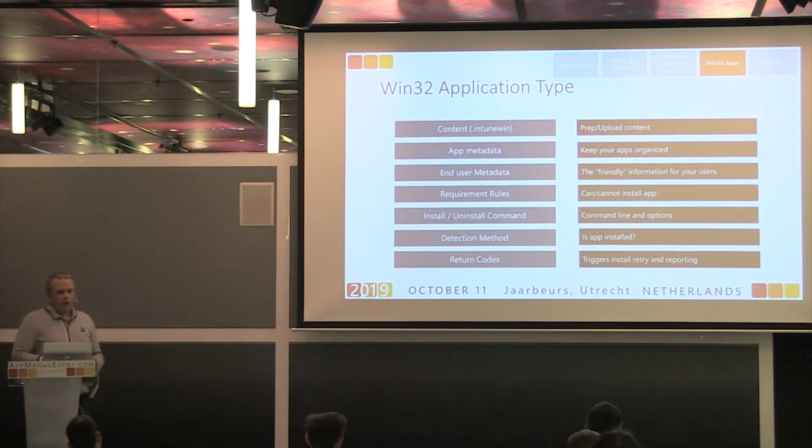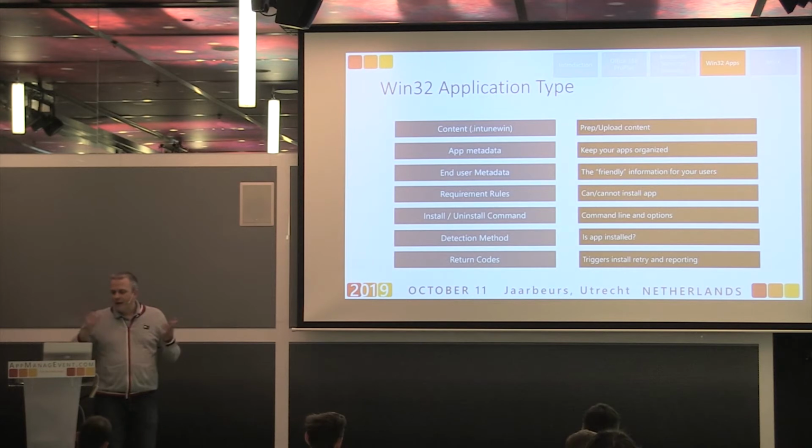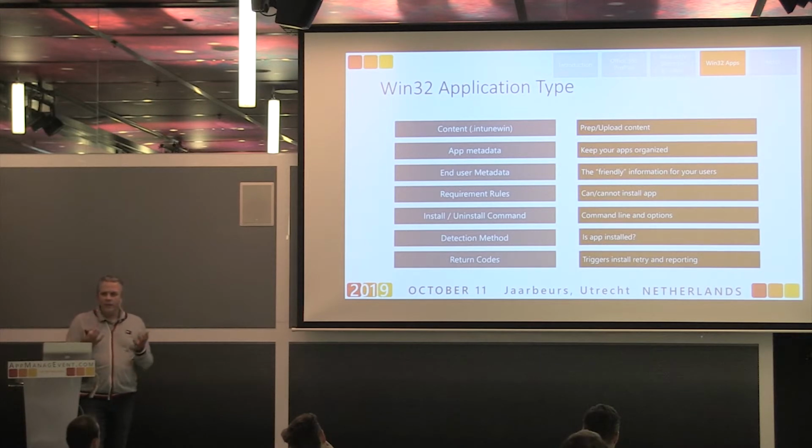So how does this work? For Windows 32 apps, there's some kind of app model also. So we have the Intune Win file, and this is basically a file which is the wrapped version of your MSI or executable installation. I will show you later on how to create something like that.